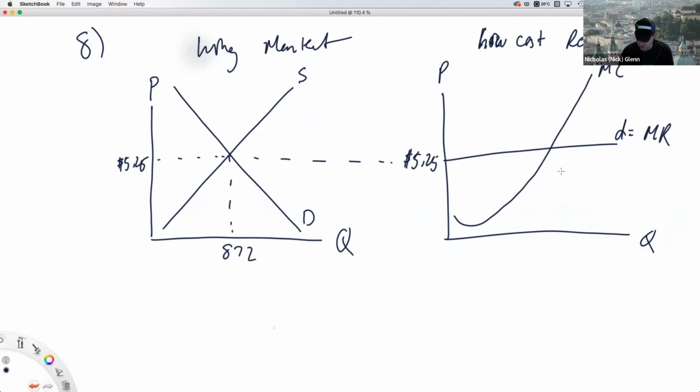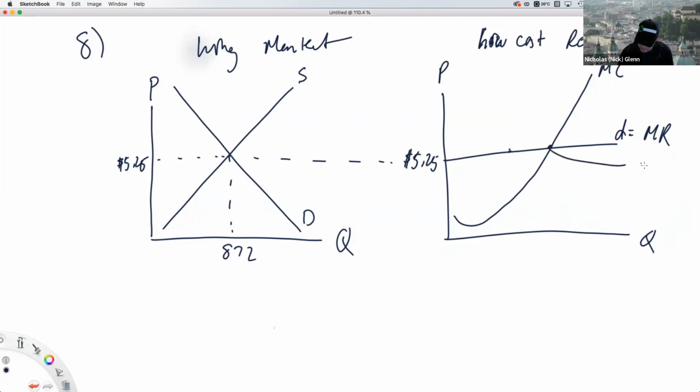Remember, if marginal cost is greater than marginal revenue, they're losing money on that last unit, these last units of production here. It's costing them more to produce it than the revenue they're generating for these last units. So they need to decrease production. If marginal cost is less, like it is here, than marginal revenue, they still have extra profit they can make, so they want to increase production.